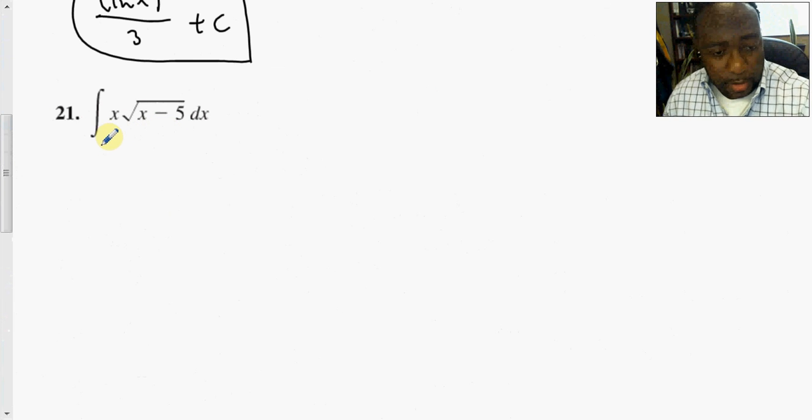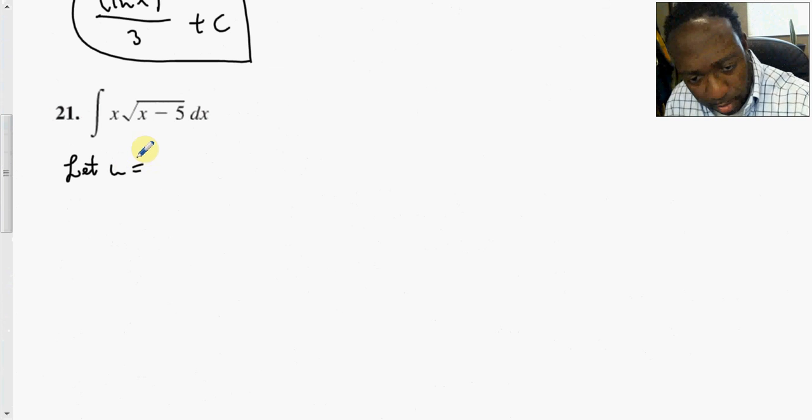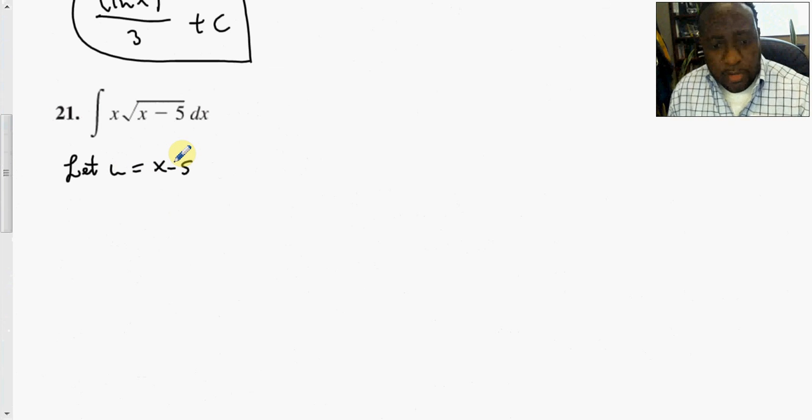Here, again, I believe we can work this by using u-du substitution as well. So let u equal x minus 5. Why choose x minus 5?